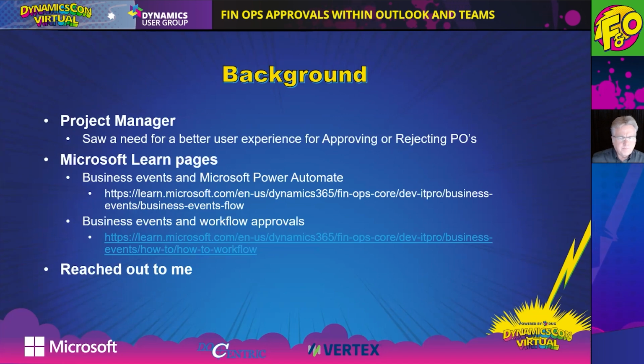So for background, a project manager came to me to discuss this proof of concept related to approving or rejecting POs outside of FinOps. This person actually found out about this by seeing the need on a project they were working on, and then they did some research and found the different learning pages within Microsoft.